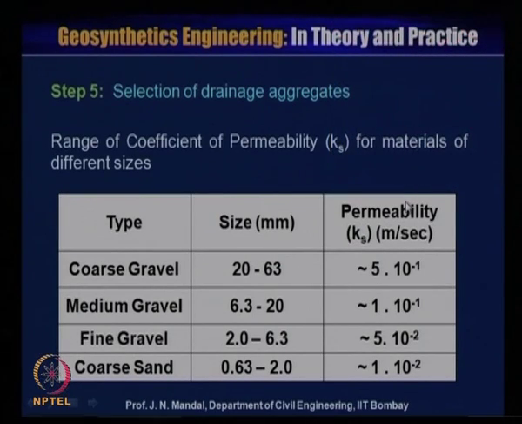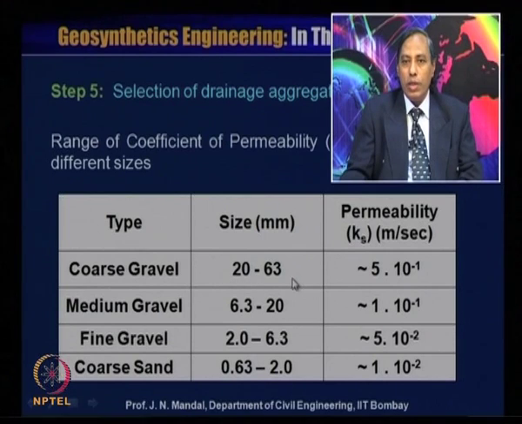Step 5, selection of the drainage aggregate. The range of coefficient of permeability Ks of materials of defined sizes is given. If it is coarse gravel of size 20 to 63 millimeter, the permeability will be 5 into 10 to the power minus 1 meter per second.